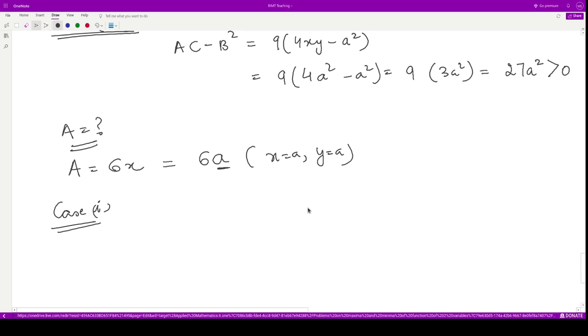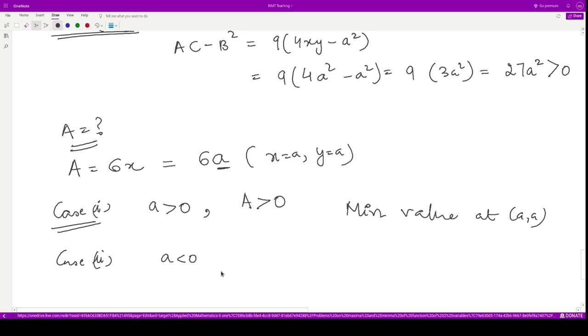So in this case, we have a minimum value at the point (a, a). And in the second case, when small a is less than 0, capital A would also be less than 0, and we would have a maximum value at the point (a, a). So these are all the possible cases whenever your given surface is x cube plus y cube minus 3axy.